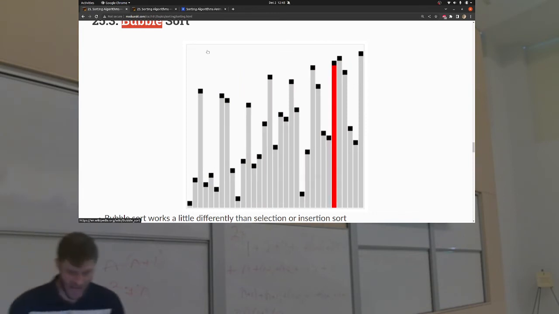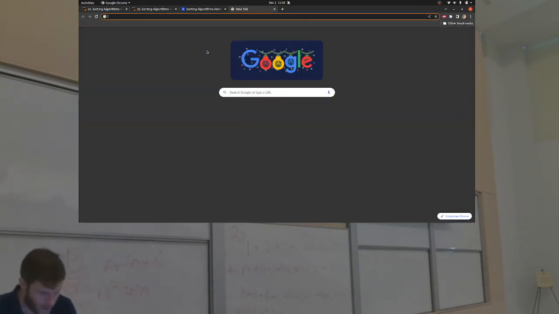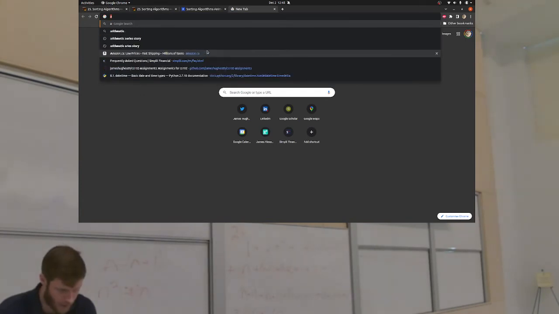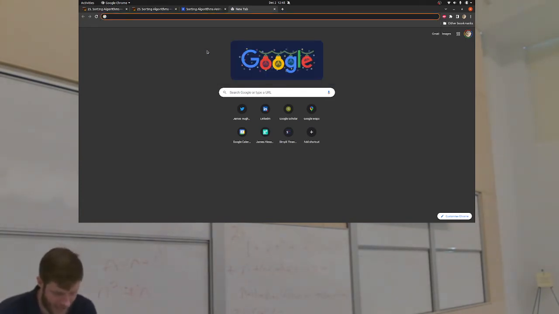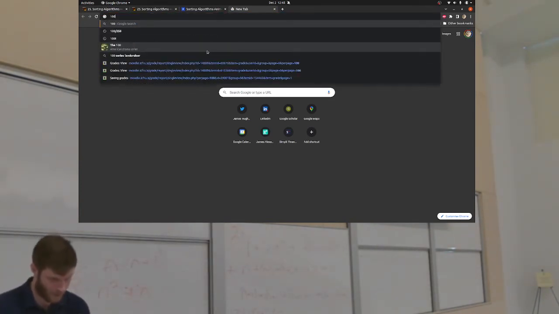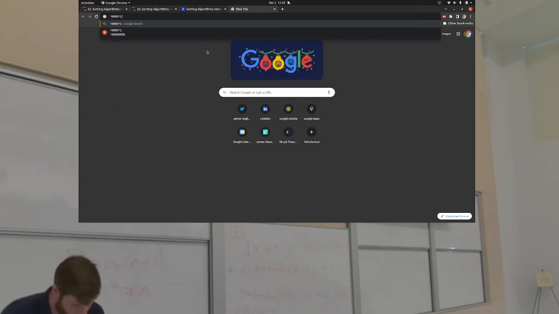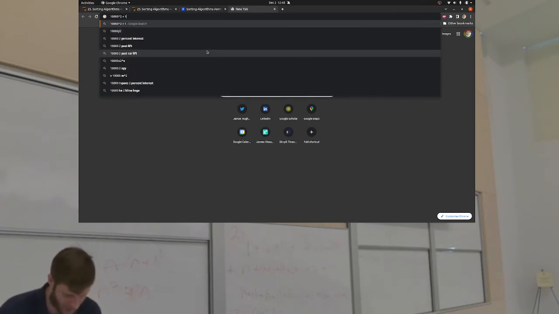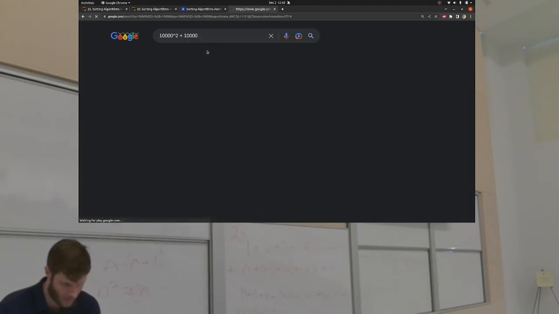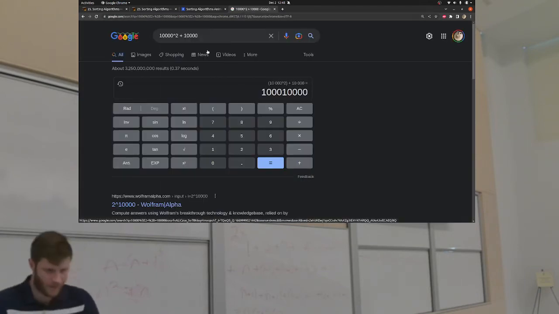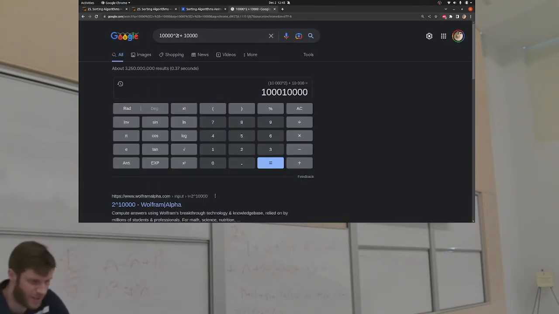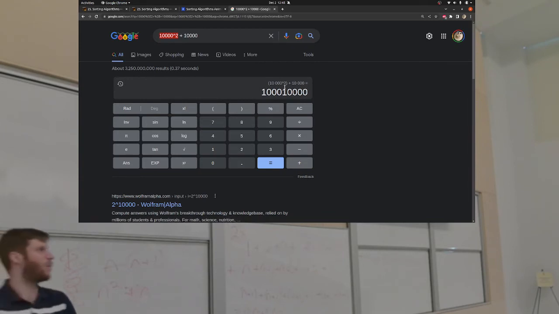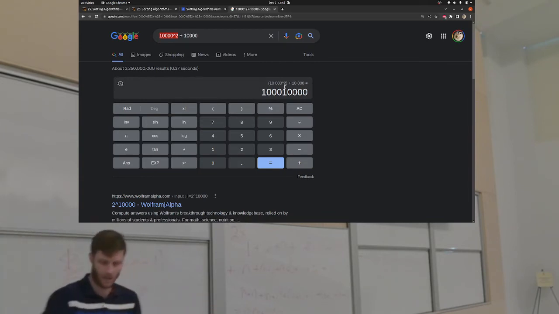And just to impress, let's say n is 1,000. 1,000 squared plus 1,000. Right? So the 1,000 squared, this is the total amount of work that would be done if I cared about the linear part.